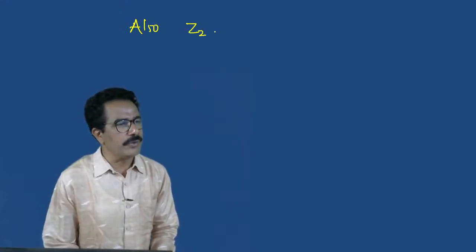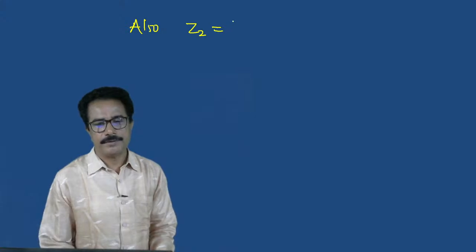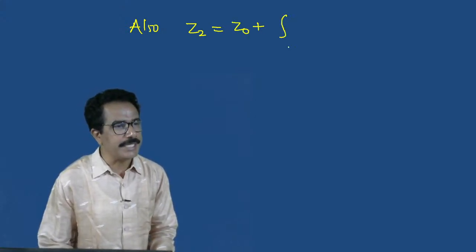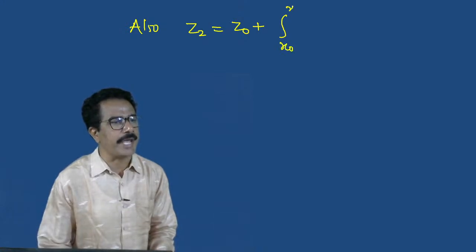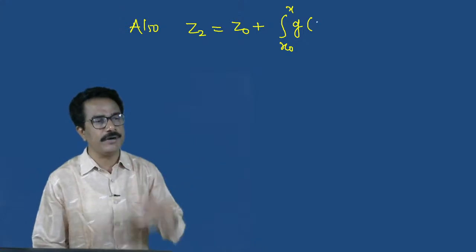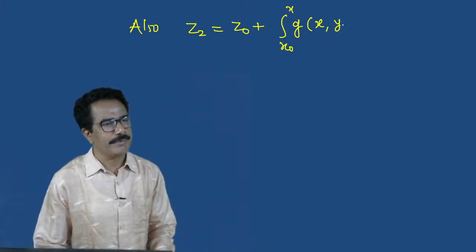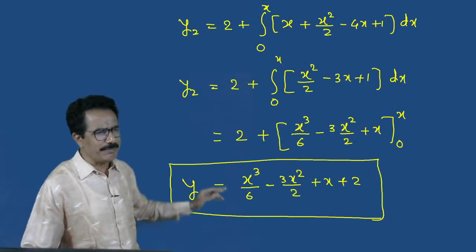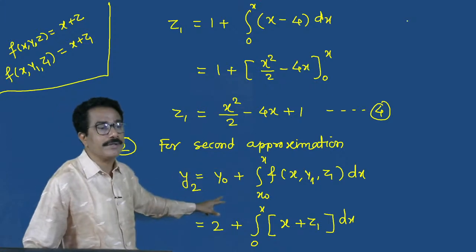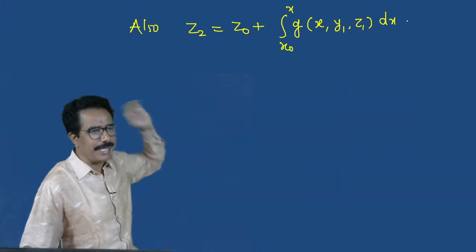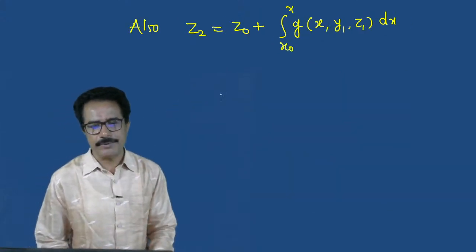Also z2 is equal to z0 plus the integral from x0 to x of g of x comma y1 comma z1 dx. Same process we have to use for z. Okay, so calculate this, then we will get the result.